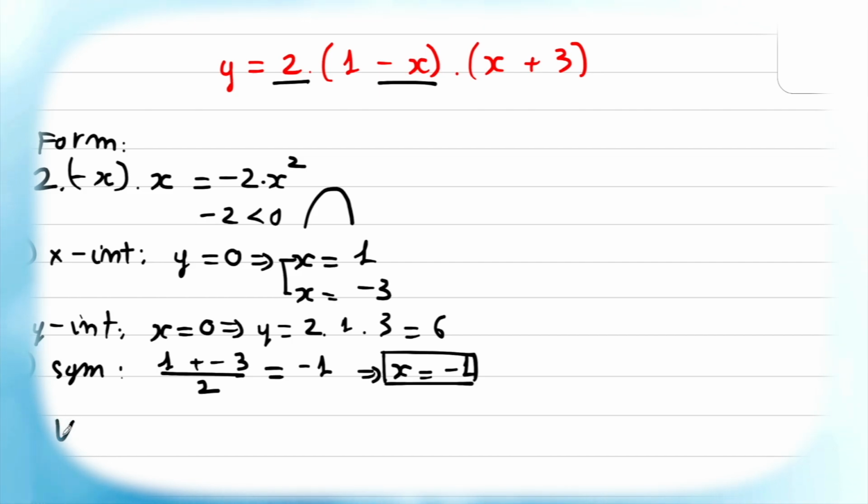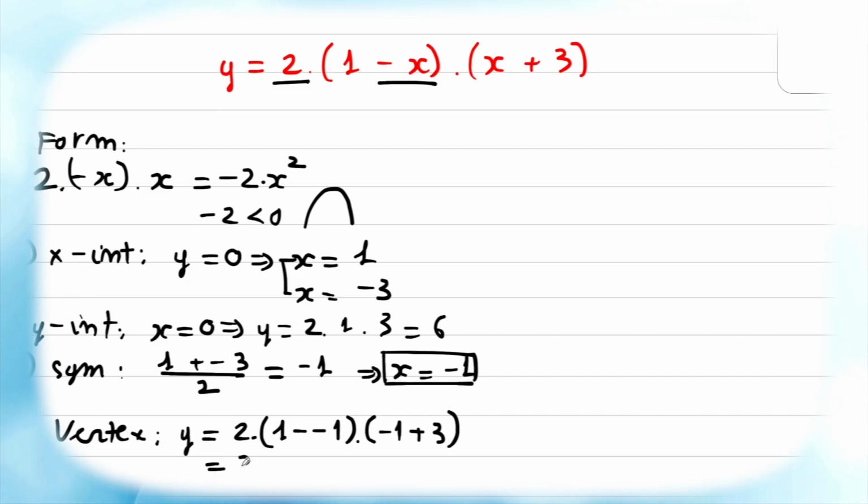About the vertex, we got y equal to 2 times (1 minus -1) times (-1 plus 3), and here is 2, here is 2, and this one is 2, will be 8 here. Okay, so the vertex you got is (-1, 8). That is the point for the vertex.